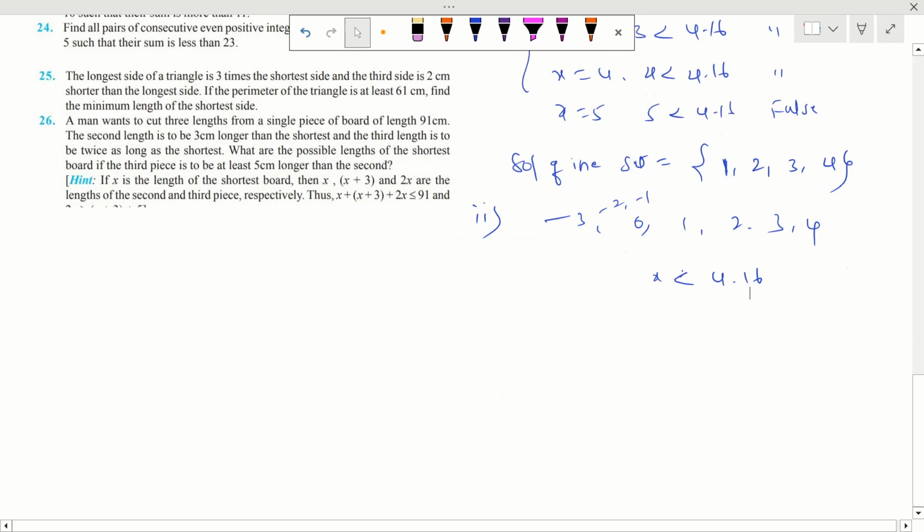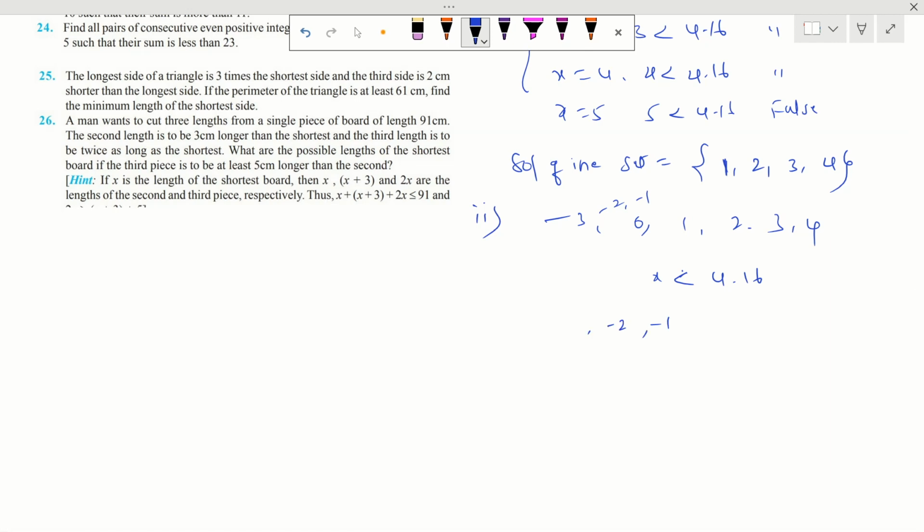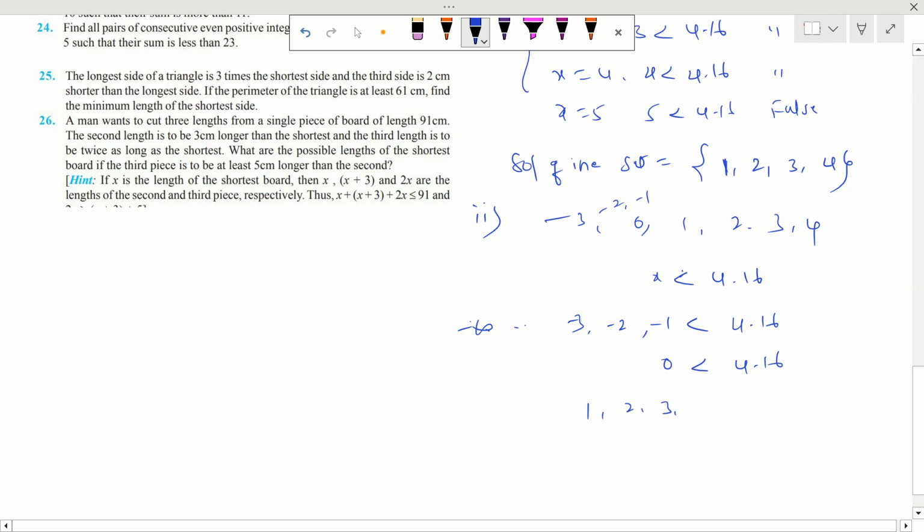All negative numbers, suppose I put -1, -2, -3, it goes on continuing up to minus infinity, and all these are less than 4.16. And 0 is also less than 4.16 because 0 is an integer. And positive numbers, we know 1, 2, 3, 4 are less than 4.16.